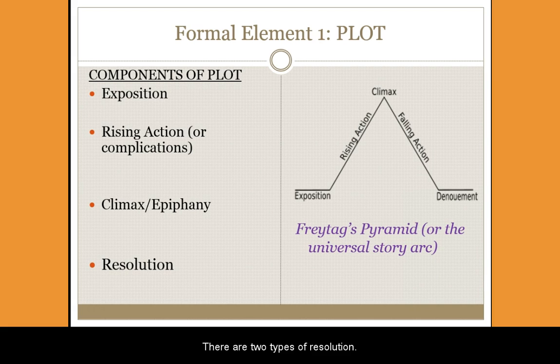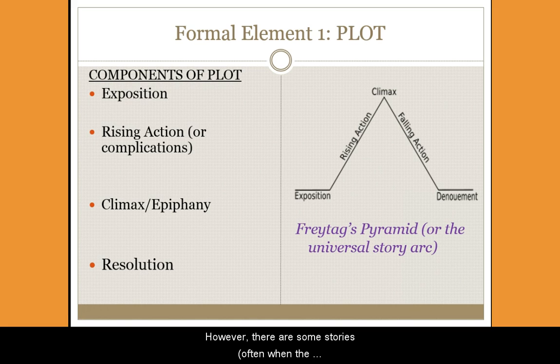There are two types of resolution. Most stories we are familiar with have some sort of climax, some sort of battle or scene that has a lot of action. The climax is basically the highest point of action in a story. It is the turning point. The climax usually causes the resolution.